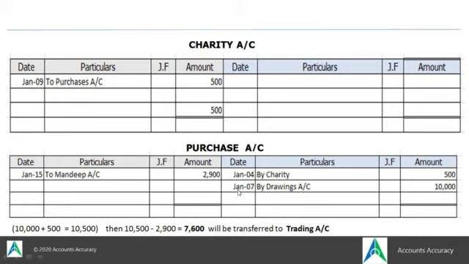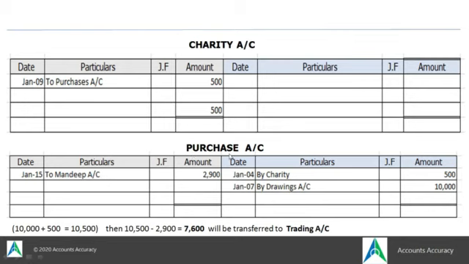So this amount is simply totaled in rough: the left hand side total is 2900 and the right hand side total is 10,500. So from 10,500 we deduct 2900 and 7600 will be transferred to the trading account. We don't do the balancing of expense accounts.